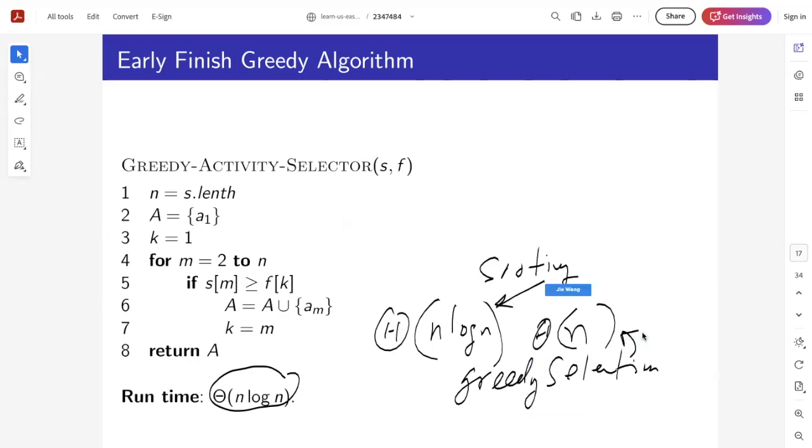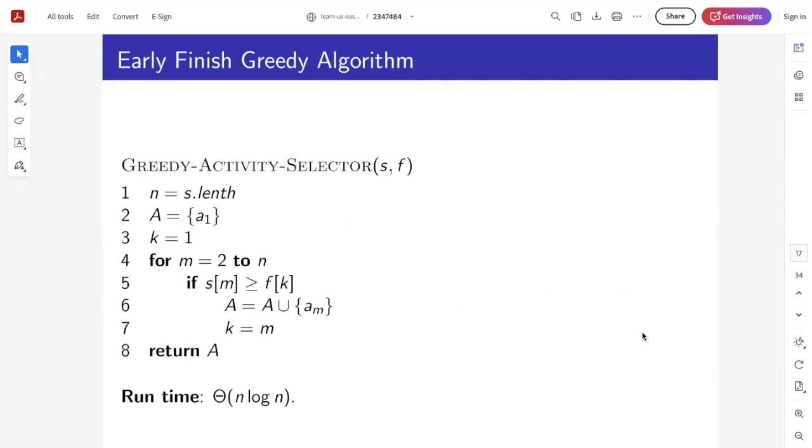Add them up, and this is still big theta of n log n. Compared to dynamic programming, which runs in cubic time, this runs in much less time.